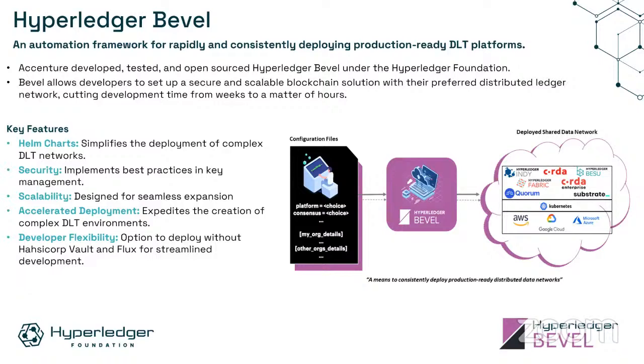And then, of course, developer flexibility. With release 1.0 and 1.1 onwards, you have the option to deploy without HashiCorp Vault, which will use the default Kubernetes secrets, and also you can deploy without Flux, in which case you don't need a GitHub repository and don't need to save the manifest files into a GitHub repository.